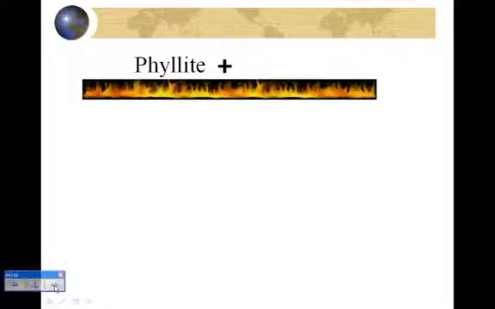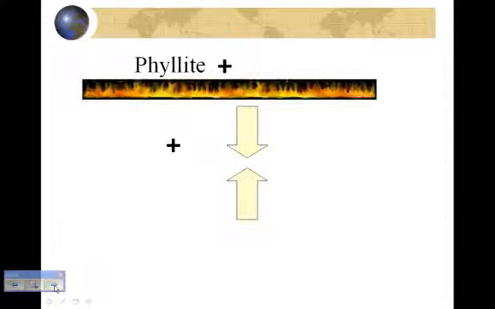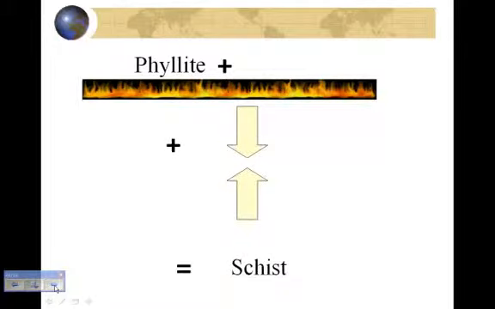All right, let's try another one. If we start this time with a piece of phyllite and we add, that's right, heat and pressure, phyllite will metamorphosize into schist.